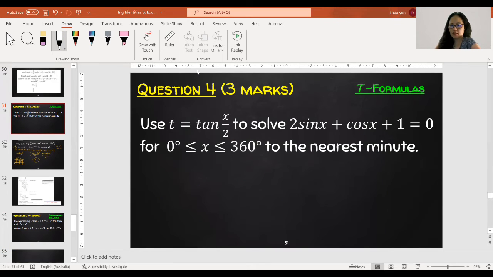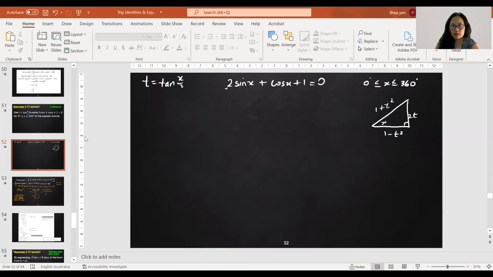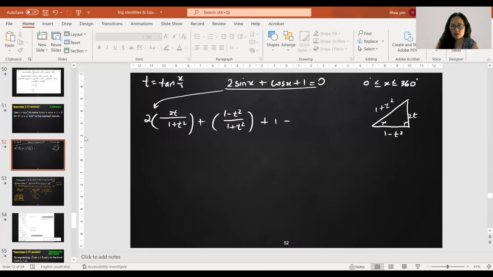Next question is the t formula. So from here, I'm going to put that in t form. So sine will be 2t over 1 plus t squared, cos will be 1 minus t squared over 1 plus t squared, plus 1 equals 0.